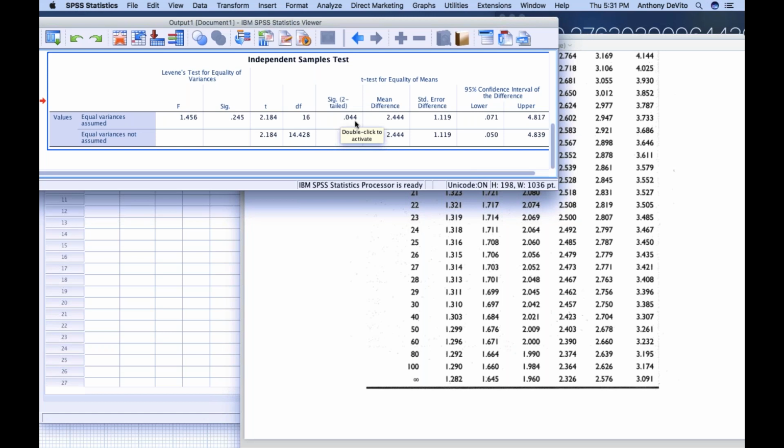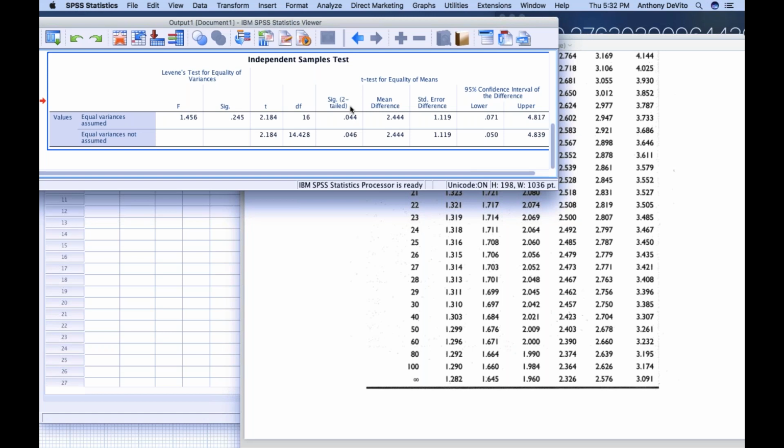It's 0.044, 4.4%, which is less than our tolerable level of error, which is 5%. So because the t-score is bigger than the critical value, and the p-value, the probability of being wrong, is less than 5%, both of those go together, and we can reject the null hypothesis and say that they're not equal. The mean for this population is not equal to the mean for this other population.